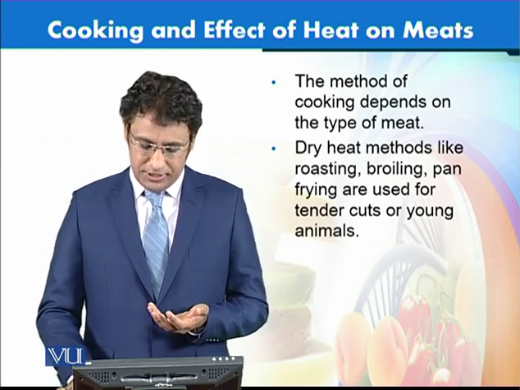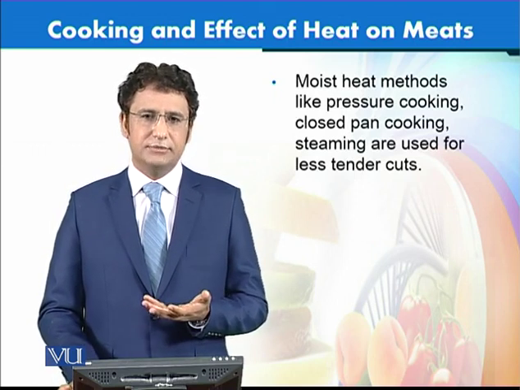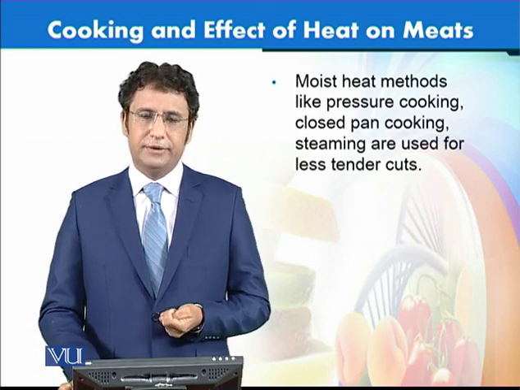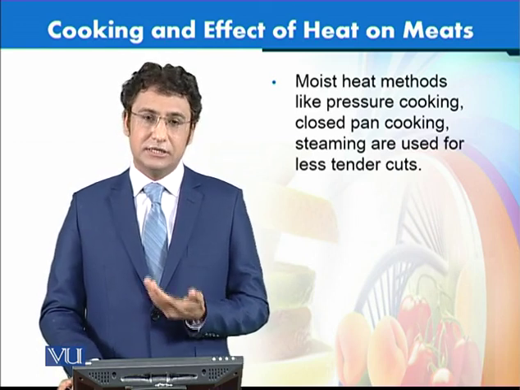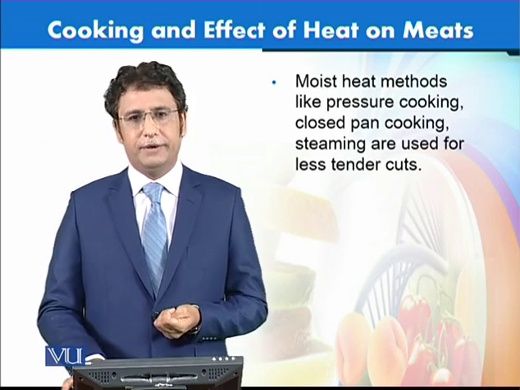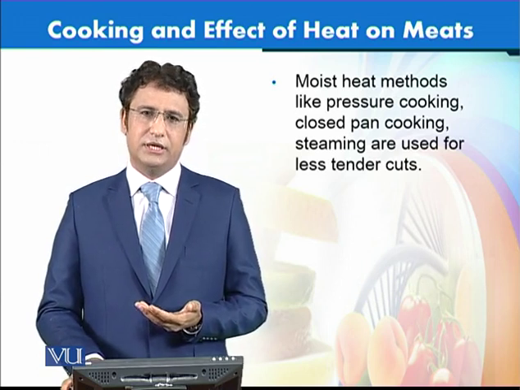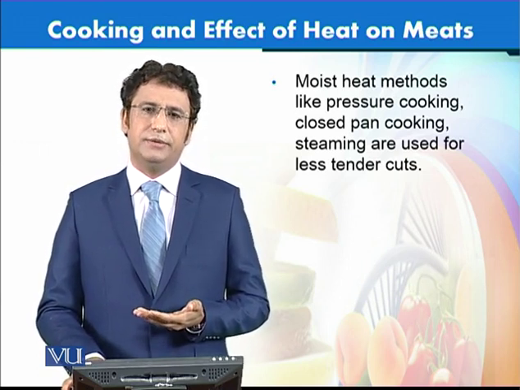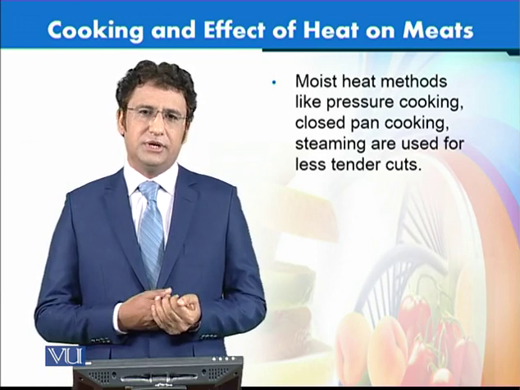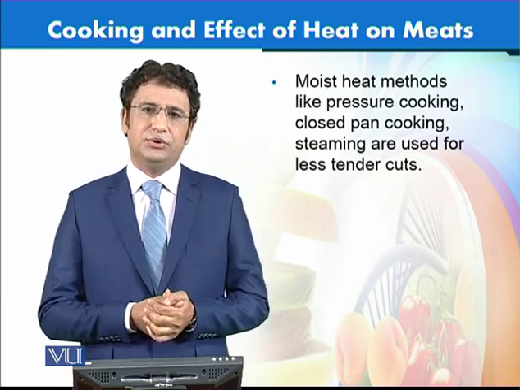But this dry heat method cannot be very useful for older animals, stiff muscles, or less tender cuts. So normally in that case we would use moist heat. We can also use pressure cooking. The increase in pressure would reduce the cooking time, and because we have harder tissue here, we are talking about less tender cuts.